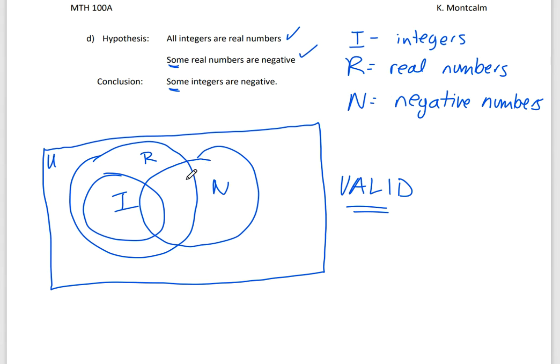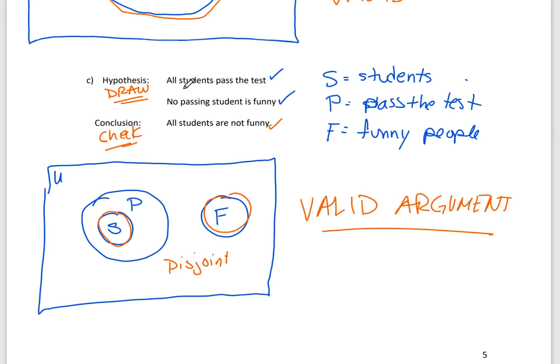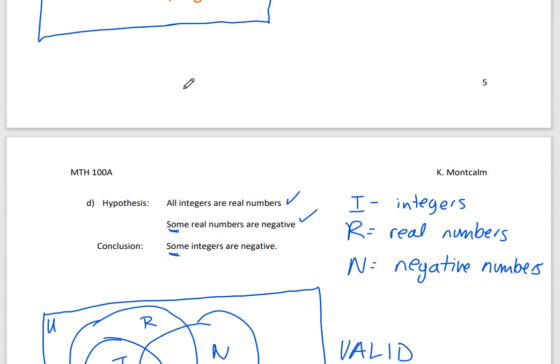We don't know where the circle overlaps unless there was a statement saying that no integers are negative. We're going to assume that there's some kind of overlap. So we would say that this argument is valid. Of course, also knowing how numbers work in math, we could argue that this argument is valid. But some is the tricky one, so I do want you to be careful. You'll see more problems with our all and no, just because it's a little bit easier to see that.